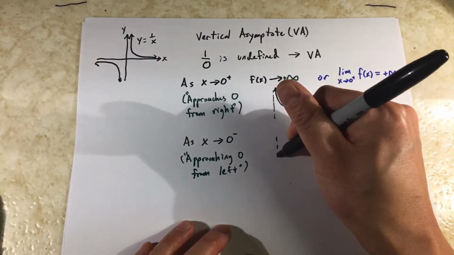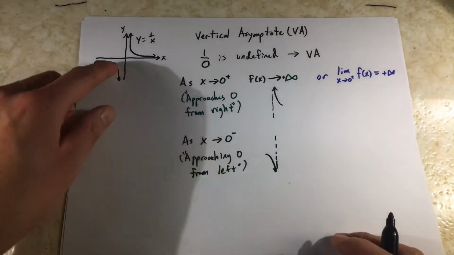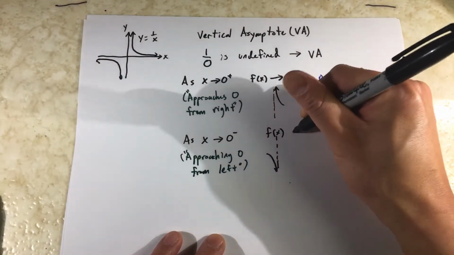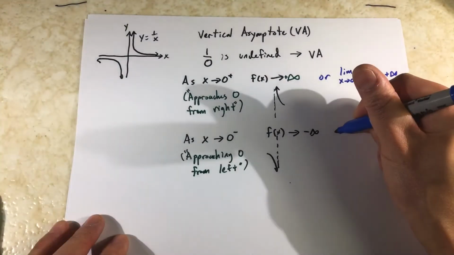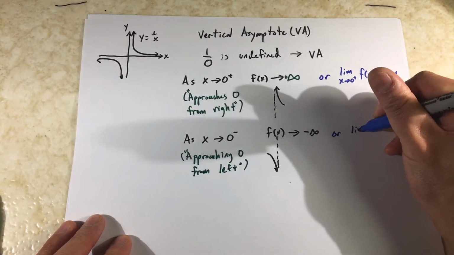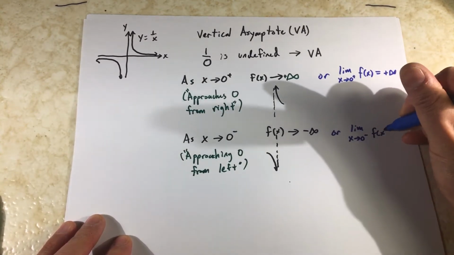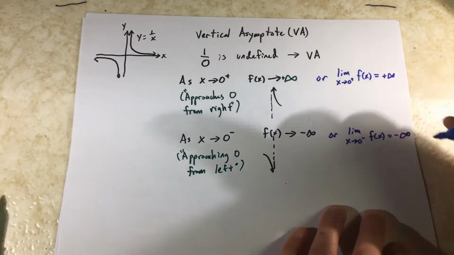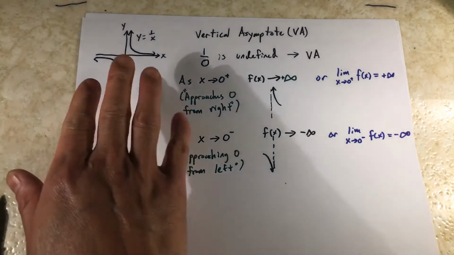And if we look at that vertical asymptote, when it gets close, you can see that it gets close during this portion right here. And you could say that f of x is approaching negative infinity. And again, instead of writing it like that, you could also write it as the limit as x approaches 0 from the left side of f of x is equal to negative infinity.